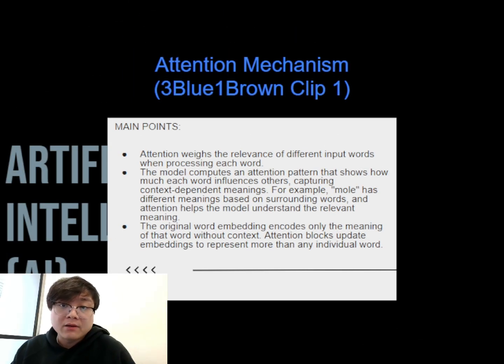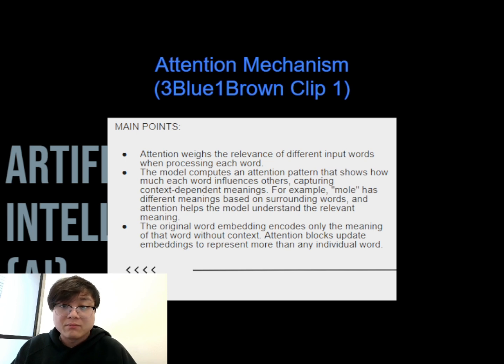Let's briefly talk about the attention mechanism. As explained in a three blue, one brown clip, the attention mechanism is a key concept in AI that helps models determine which words in a sentence are most relevant when making predictions. Instead of treating all words equally, attention assigns different weights to different words based on their importance in context.